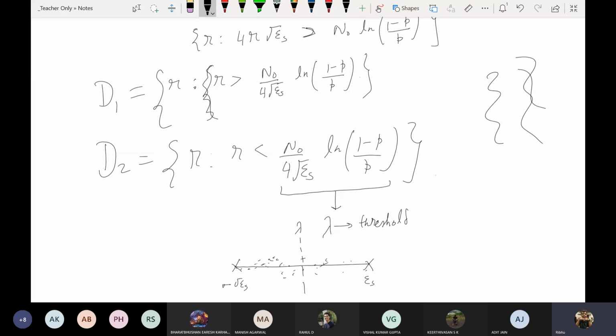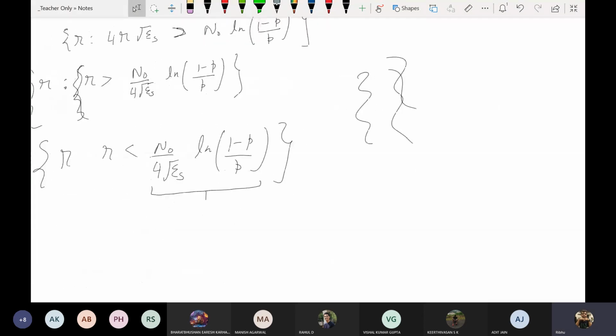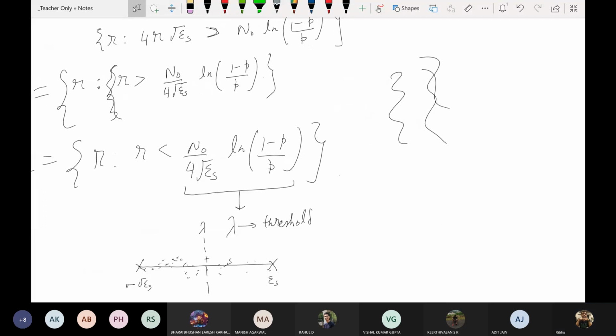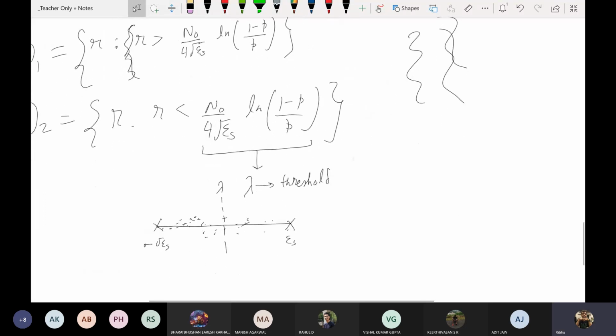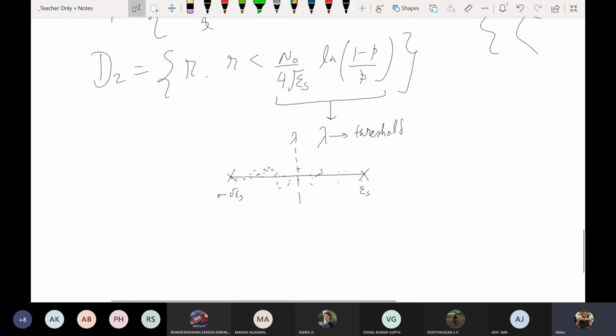So this is the threshold lambda. Fine. So we simply declare that we sent S1 if R is greater than lambda, and S2 if R is less than lambda.